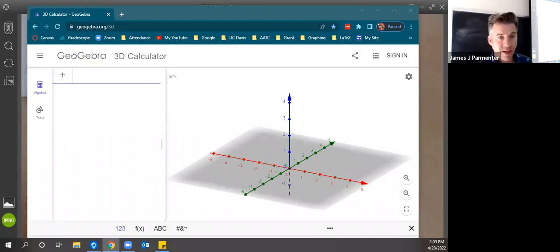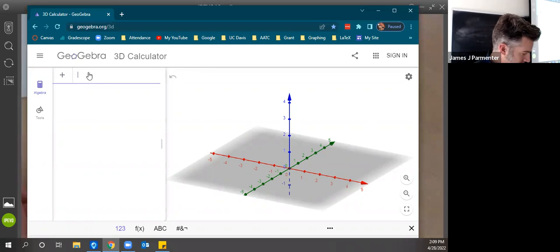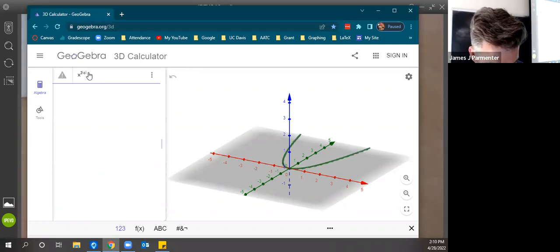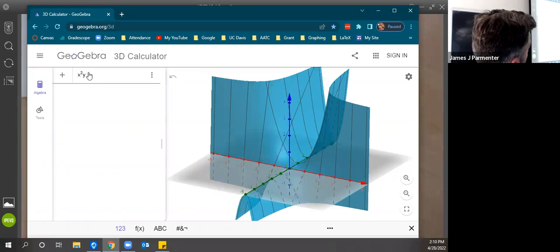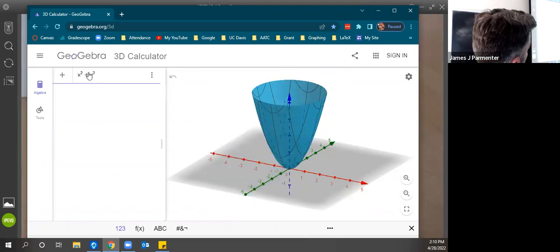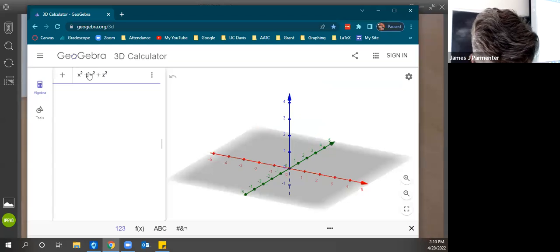So for now, it is hard to do something like what we just described. Like if I wanted x squared plus y squared plus z squared equal to 16. You also have to be careful and don't get your plus in the exponent there. I make that mistake all the time when I'm doing this.